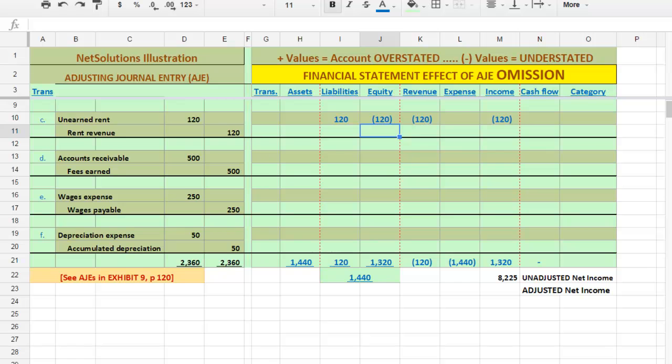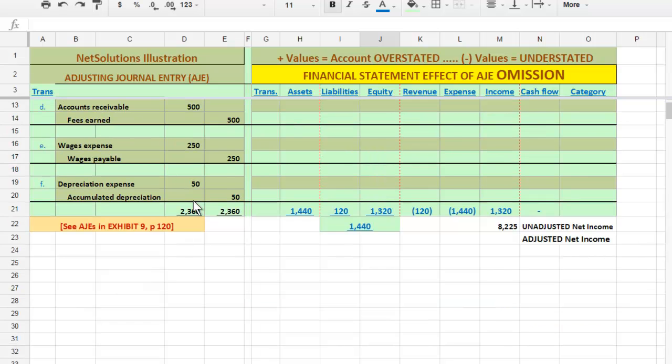Let's examine transaction D. In transaction D, we assume that we omit a journal entry that would make a debit side entry to accounts receivable and have a credit to the account unearned or fees earned.